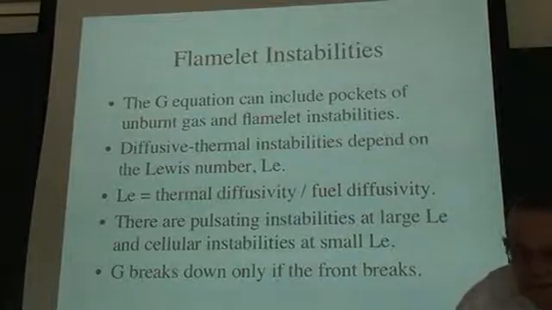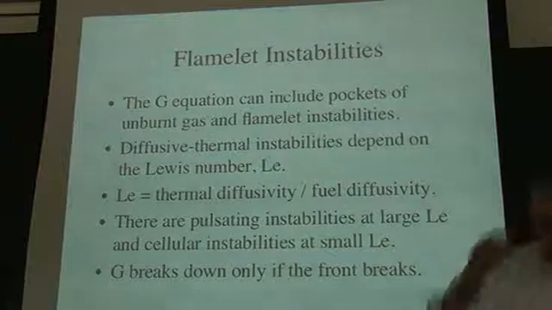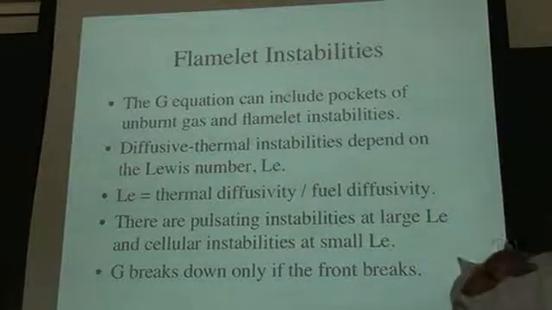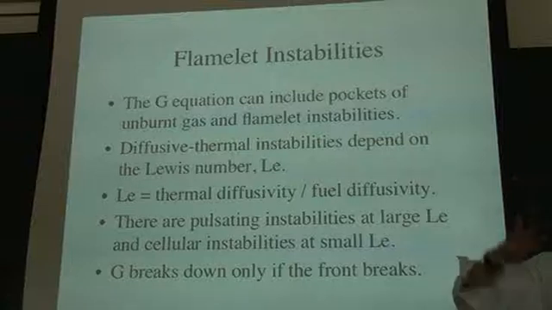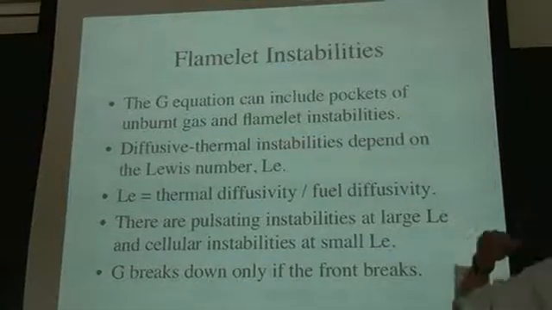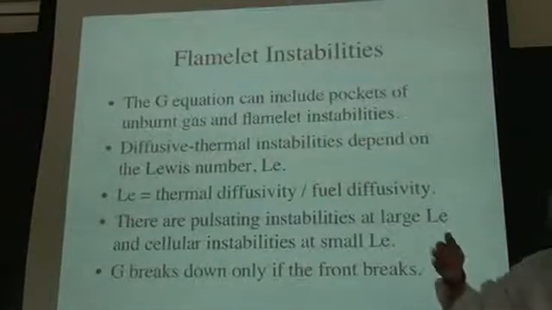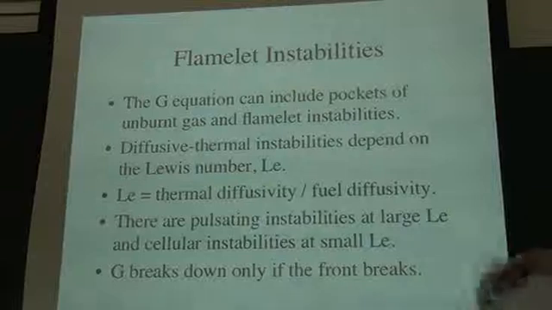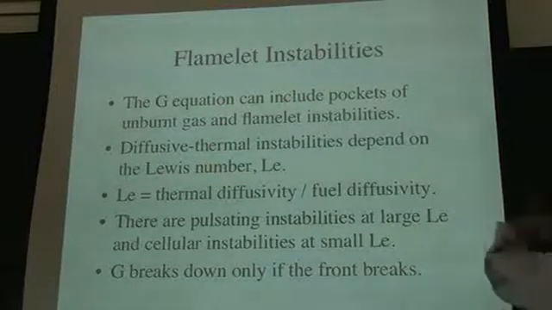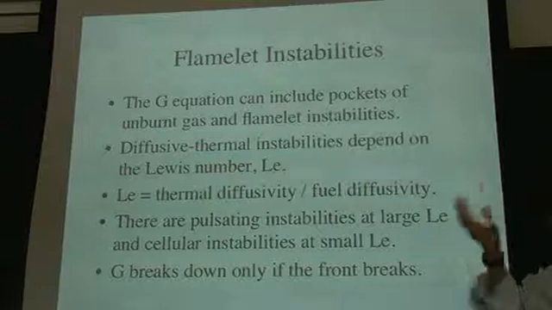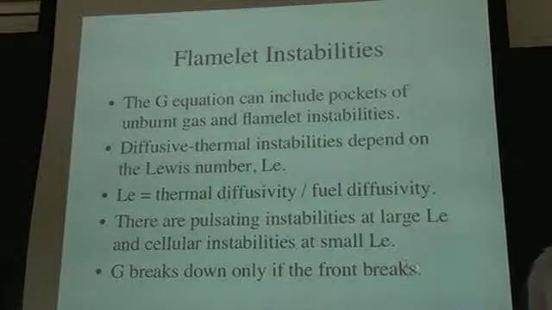The G equation can include pockets. I've said that. What if these flamelets are unstable? If there's a diffusive thermal instability of the front, can I still use the G equation? Yes, I can still use it. Why not? Because it simply means that my propagation velocity of the front has to reflect the effect of that instability.